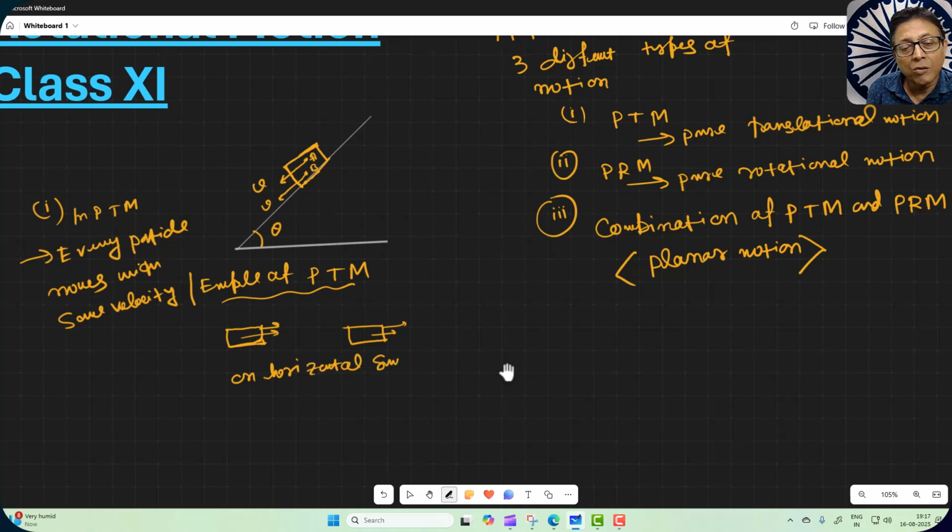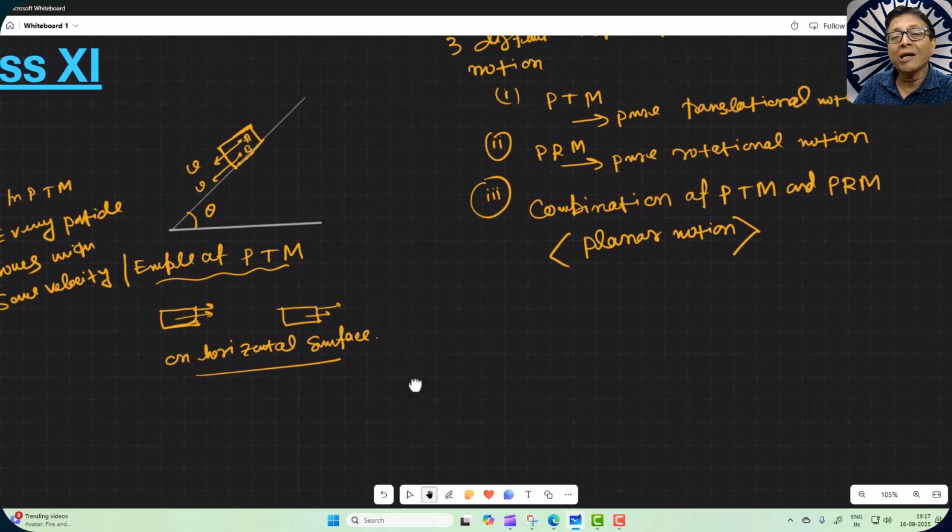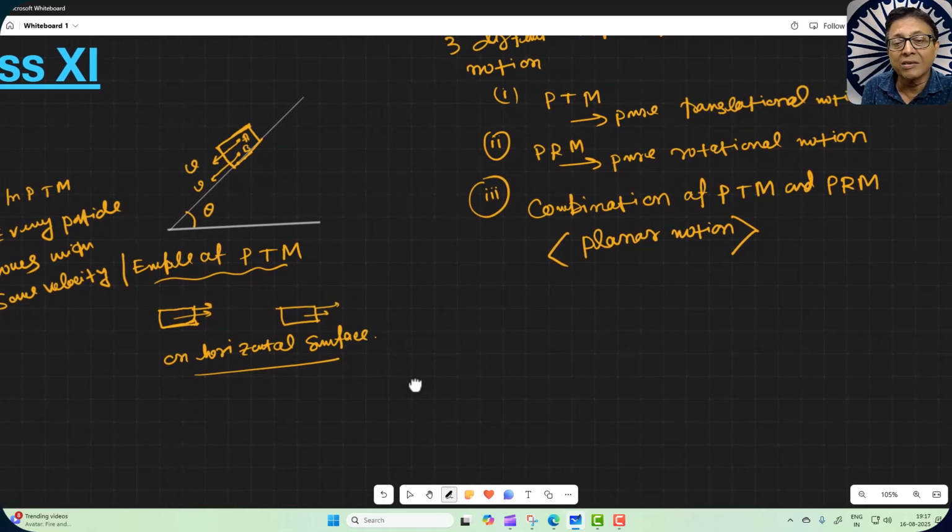This is on a horizontal surface, every point moving with the same velocity. This is on an inclined surface, every point moving with the same velocity. This is pure translational motion. Any kind of rigid body, if all points move with the same velocity, then this is called PTM. Okay?